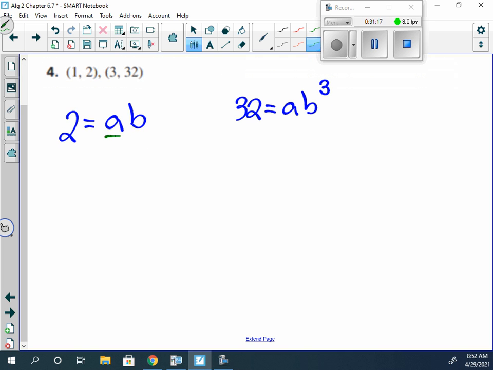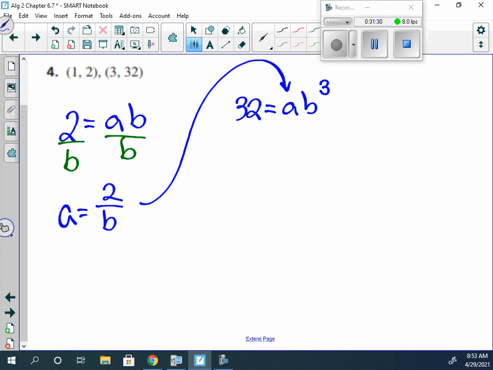Right, I'm going to divide this one here by b because we want to get a by itself. a is equal to 2 divided by b.